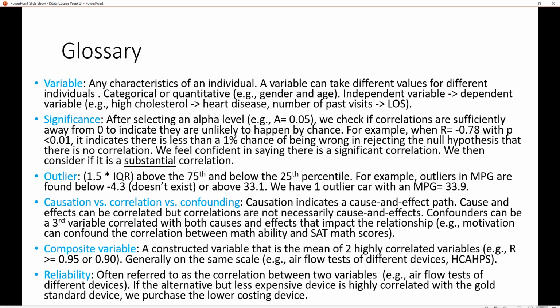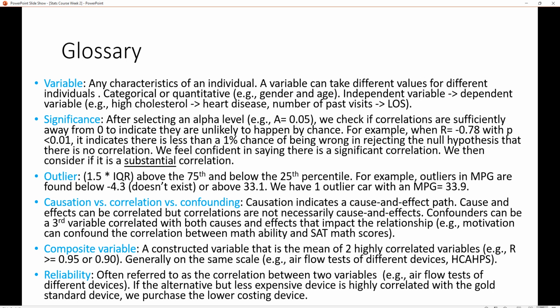And for the next terms, we consider causation versus correlation versus confounding. Causation indicates a cause and effect path. Cause and effects can be correlated, but correlations are not necessarily cause and effects. Confounders can be a third variable correlated with both causes and effects, and they can impact that relationship.